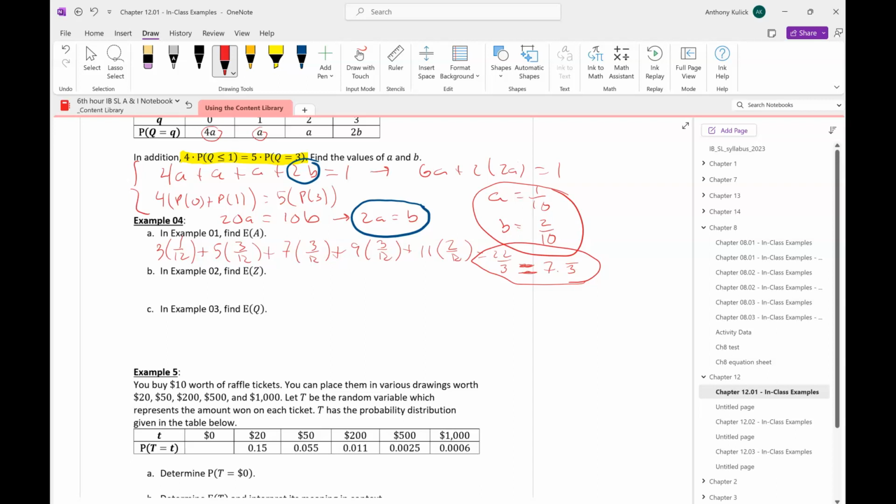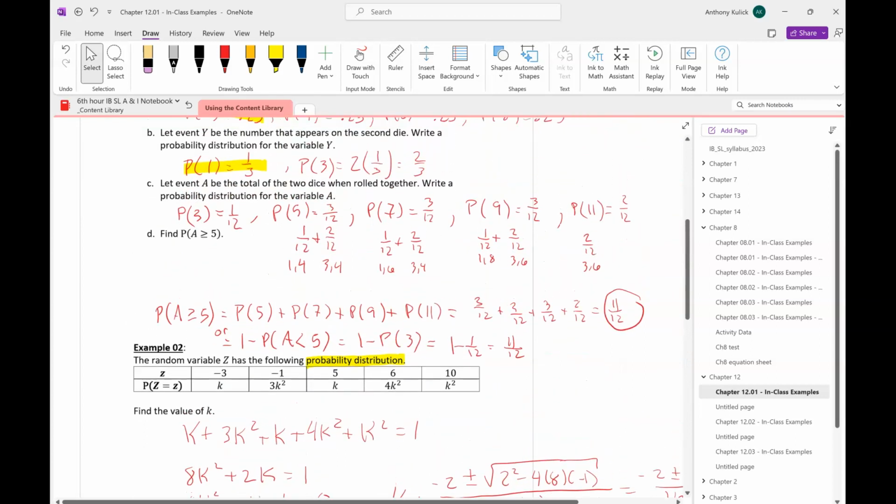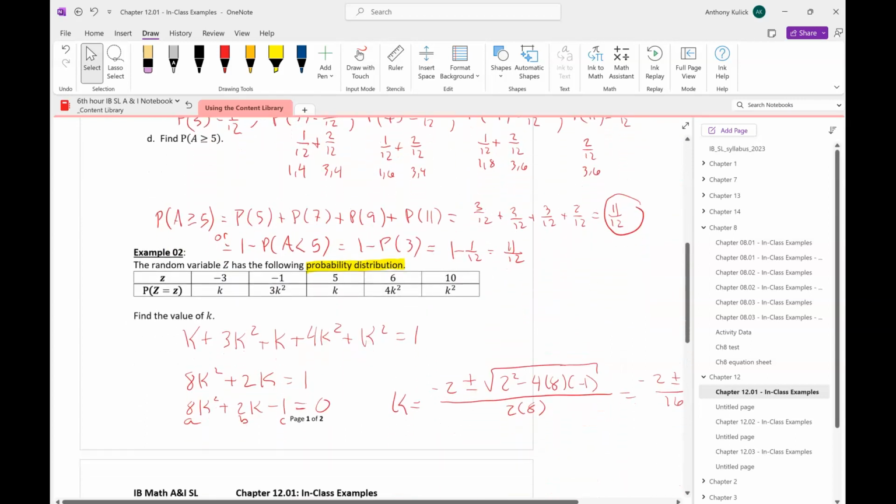All right. So again, the capital E there stands for expectation or expected value. Matthew, you're next here for part B. So again, this says that for example 2, find the expectation of Z. So if I go back to example 2, we have this probability distribution.